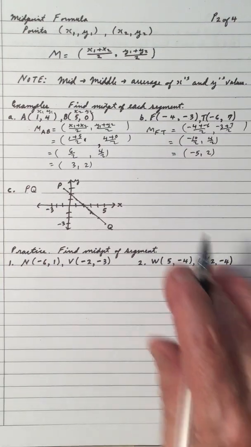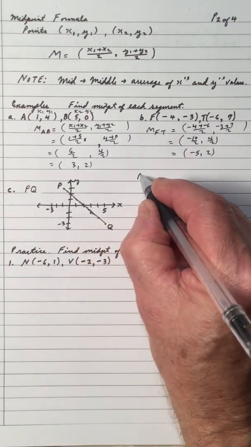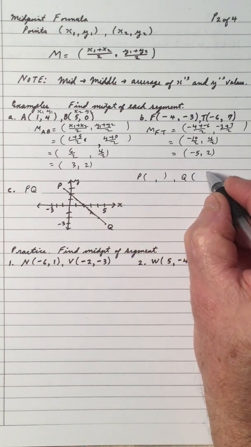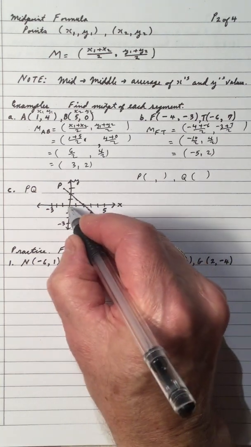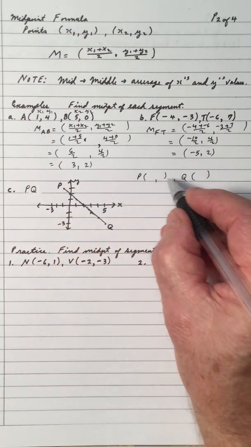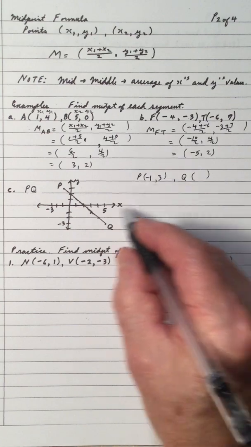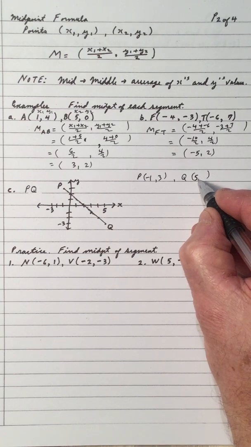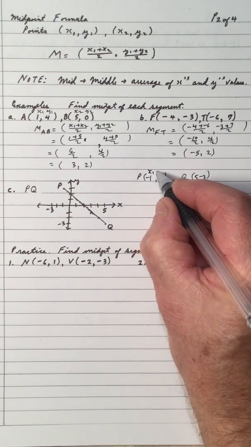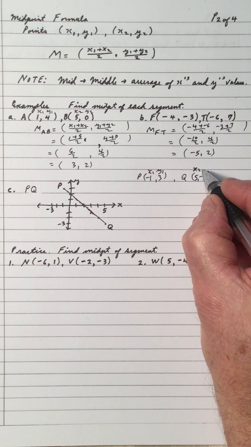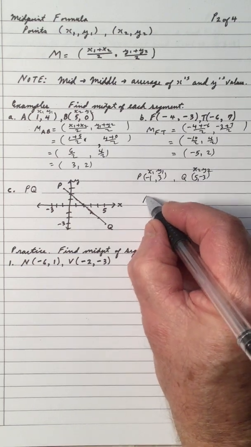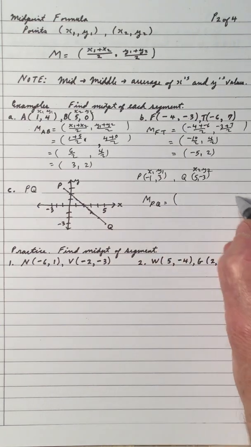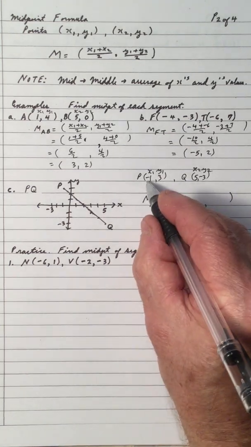And we have a graph here with, let's see what the coordinates of Q are and P. The coordinates of P and Q. P, X is negative 1, Y is 3. Q, X is 5, Y is negative 3. So this is X1, Y1, X2, Y2. So we're getting the midpoint of PQ, and let's fill it in.